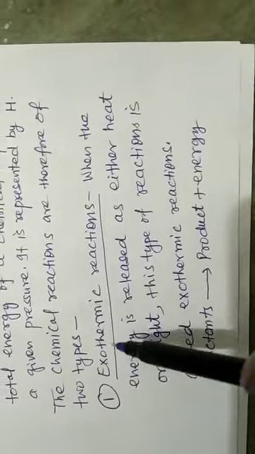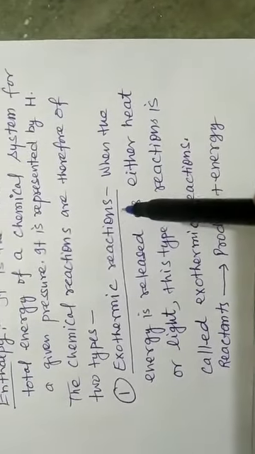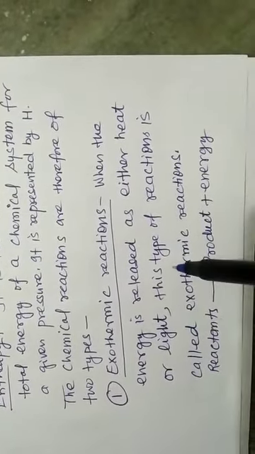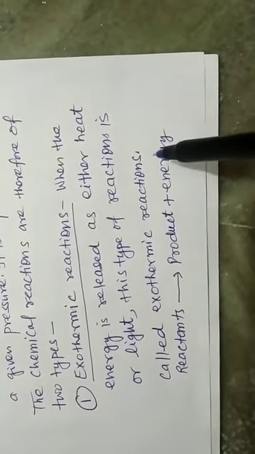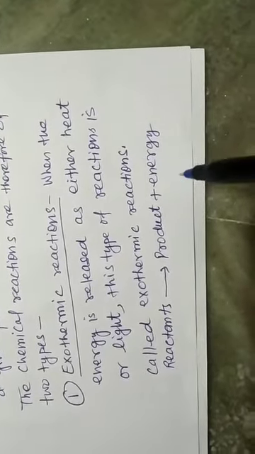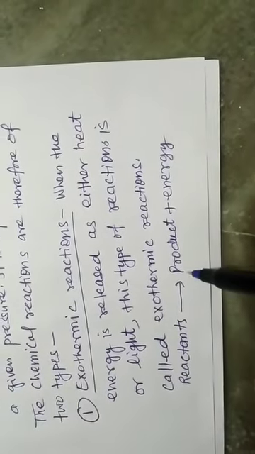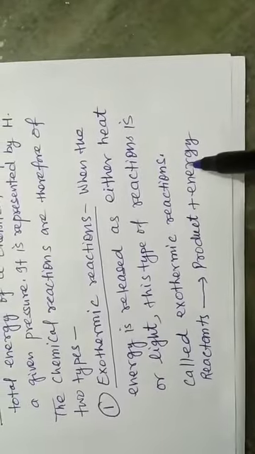Number one, exothermic reactions. When the energy is released as either heat or light, this type of reaction is called exothermic reactions. The general form is reactants = products + energy. So this energy is released.